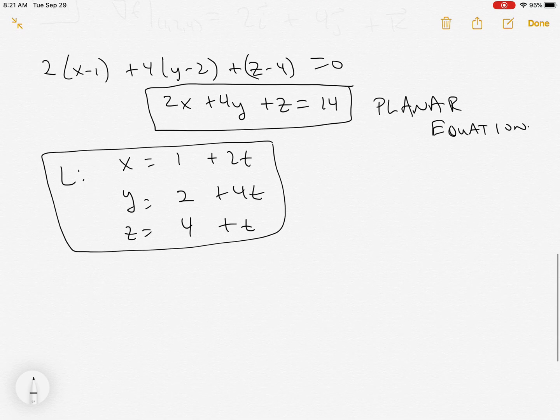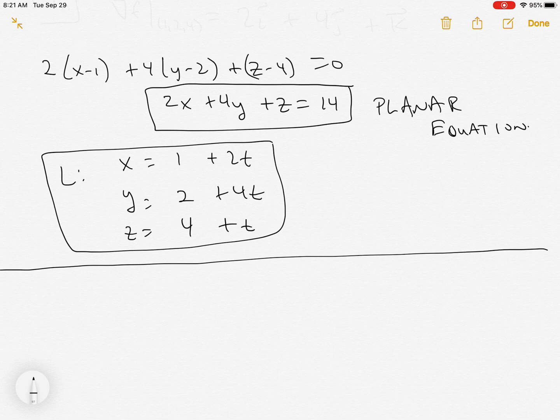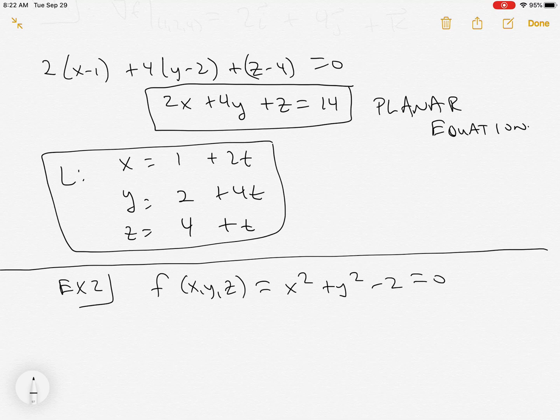Okay. So let's do another example. This one's even funner. Example 2. Now we're going to take two surfaces. We have f of x, y, z equals x squared plus y squared minus 2. So set that, well, you pull the c over. This actually makes a cylinder.